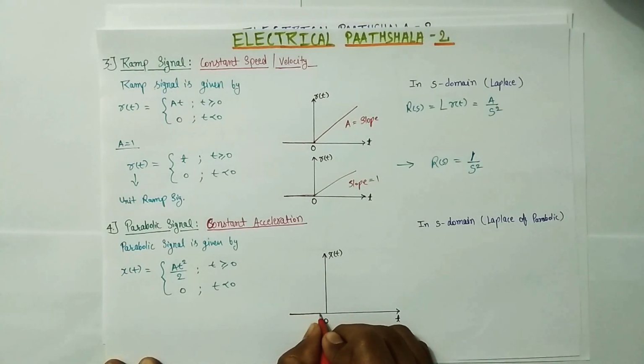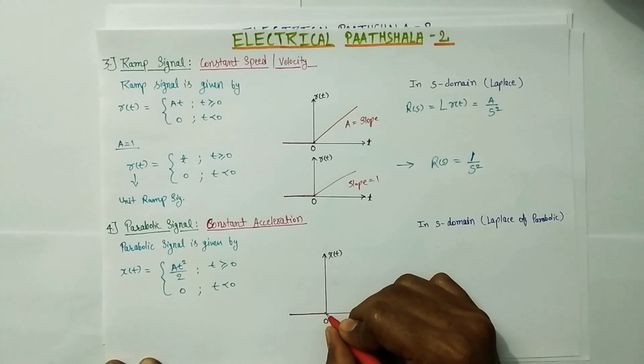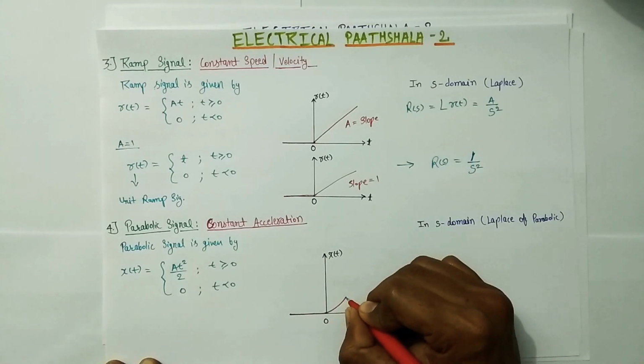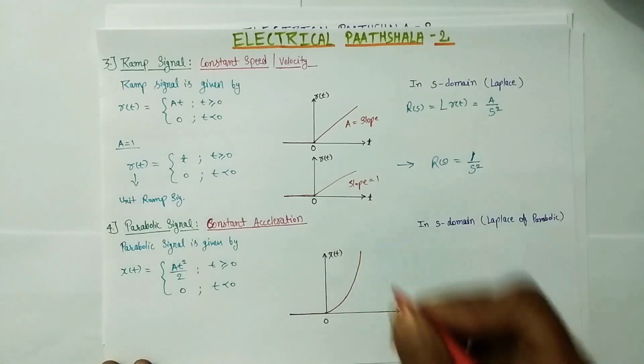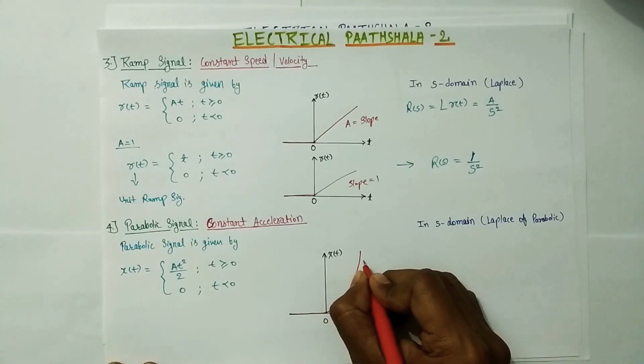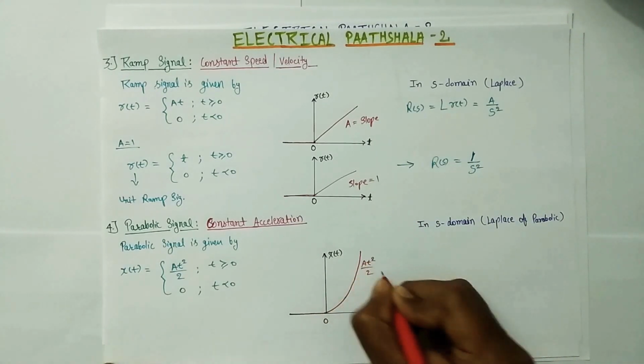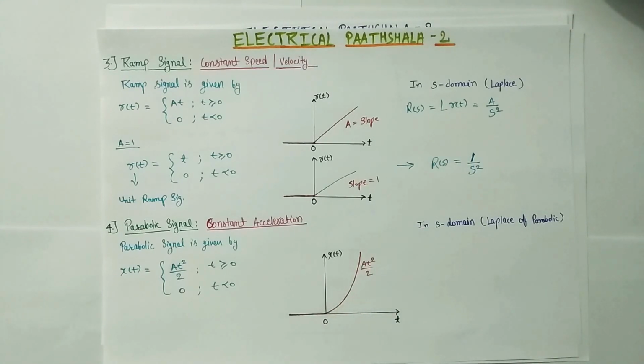For t less than 0 the signal is 0, and for t greater than or equal to 0 the signal is like this. This is your A t square by 2. This is your parabolic signal.